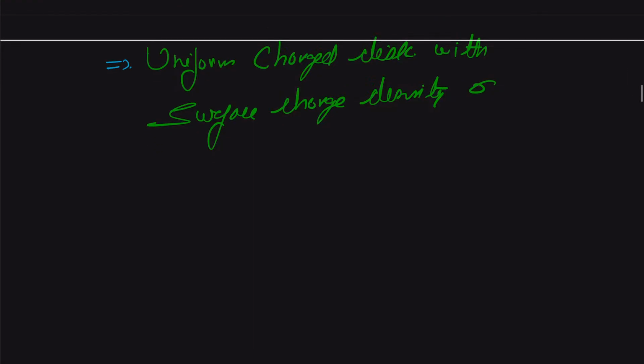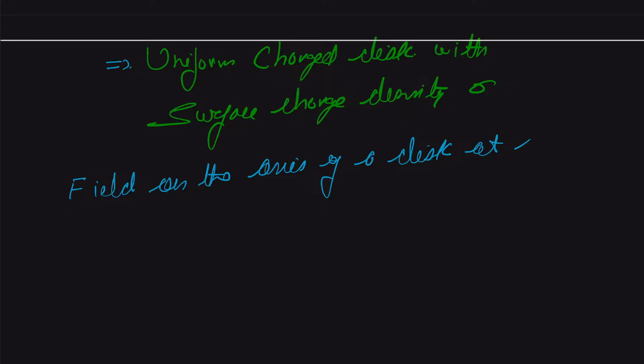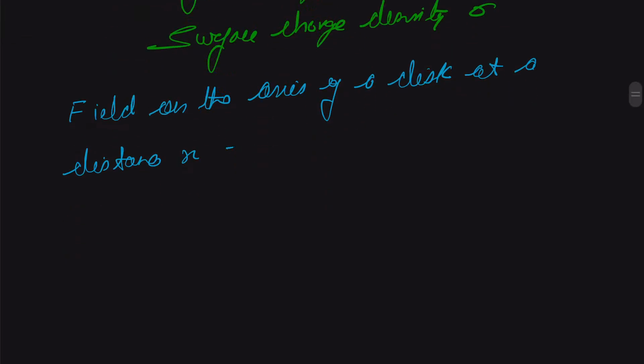So we know that the field on the axis of a disk at a distance z, let us suppose that is E of z, will be equal to density upon 2 epsilon naught times (1 minus z upon the square root of z square plus b square).